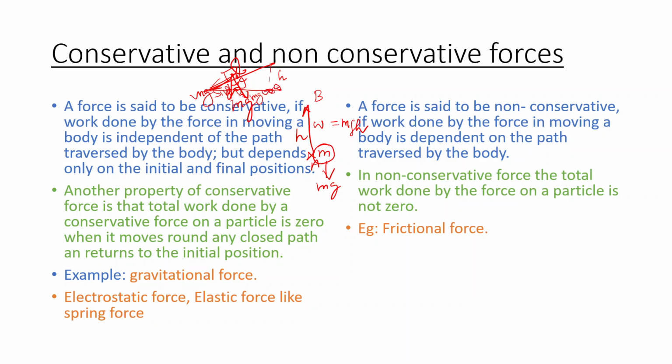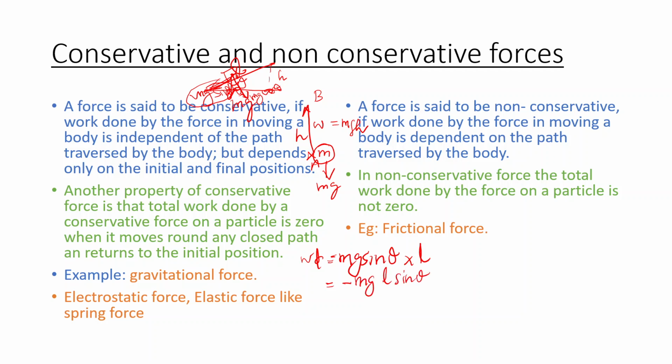So what will happen here? This force mg sine theta, into the displacement L. How will we find the work done there? Work done is equal to mg sine theta into L. It is minus because the force is acting in a negative direction. So we get minus mgL sine theta.